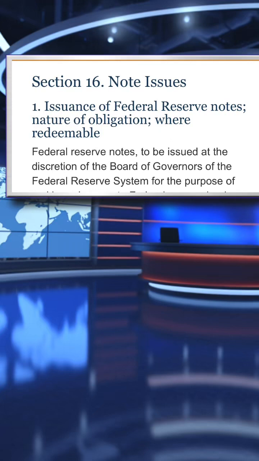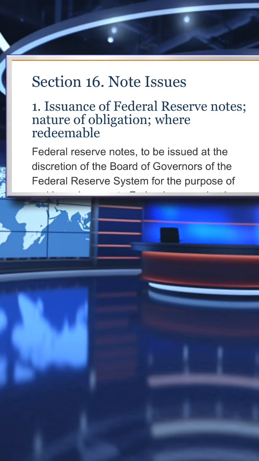Deposits so made shall be held subject to the orders of the Board of Governors of the Federal Reserve System, and deposits of gold or gold certificates shall be payable in gold certificates, and deposits of special drawing rights certificates shall be payable in special drawing rights certificates on the order of the Board of Governors of the Federal Reserve System to any Federal Reserve Bank or Federal Reserve agent at the Treasury or at the Sub-Treasury of the United States nearest the place of business of such Federal Reserve Bank or such Federal Reserve agent.